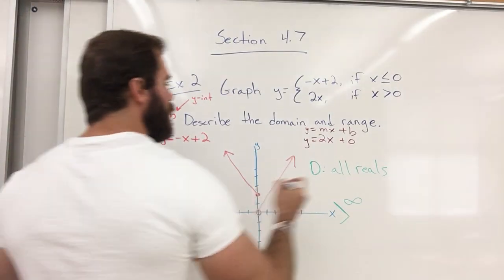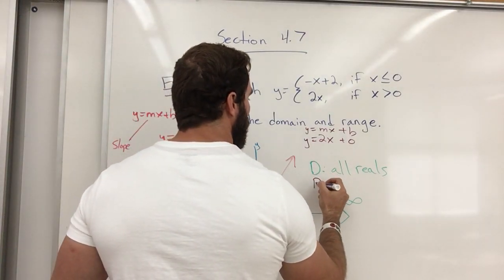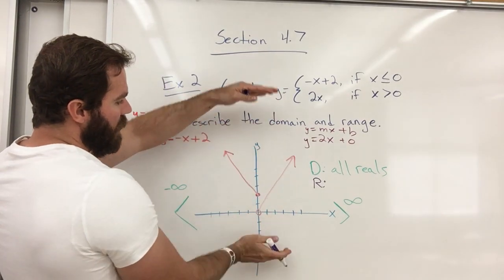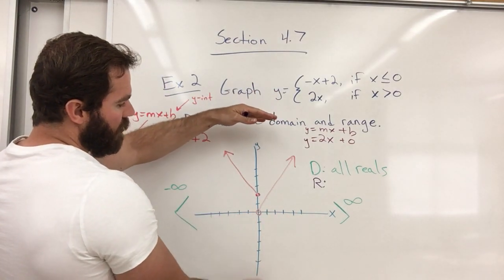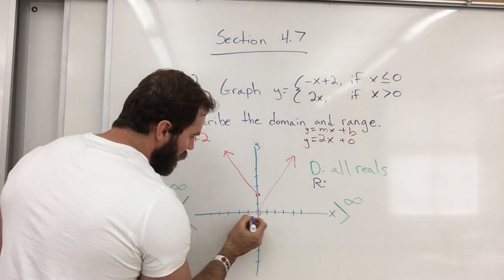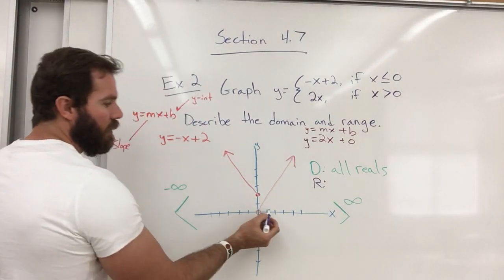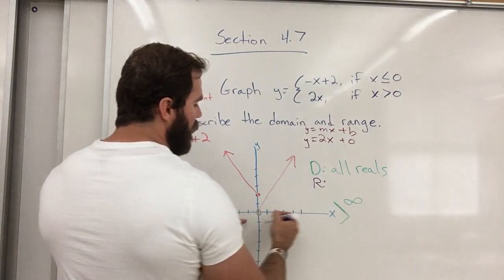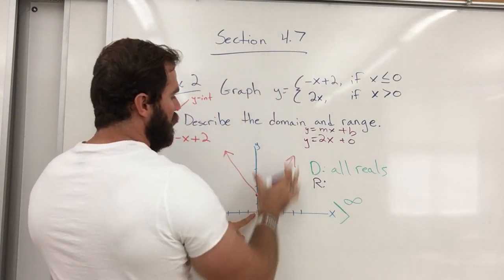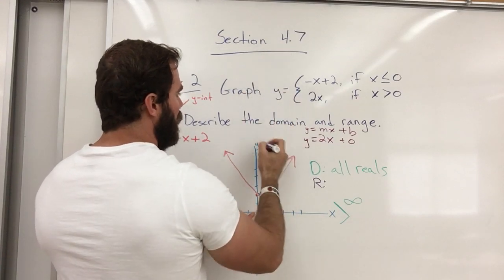Your range, we're going to look at our y values here. How far does y go down? It only gets to this point. It gets this far at the 0. And then it has these arrows that go up to infinity.